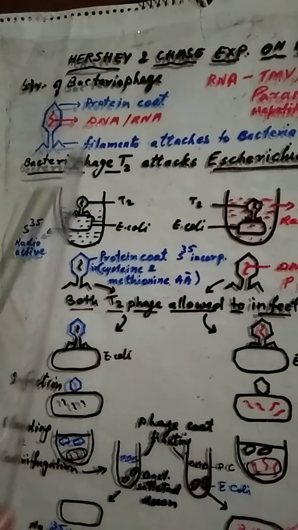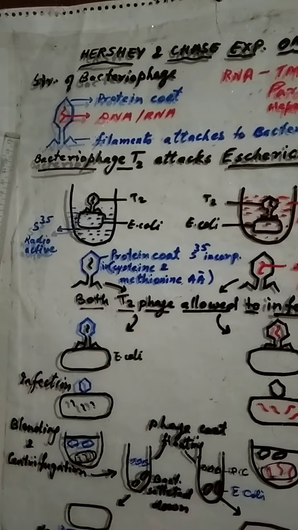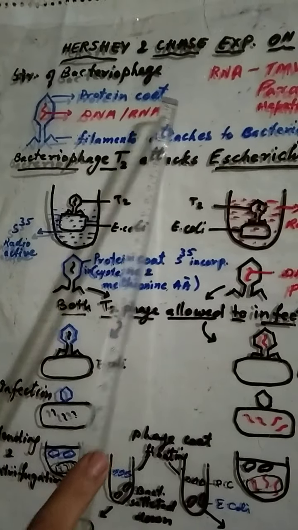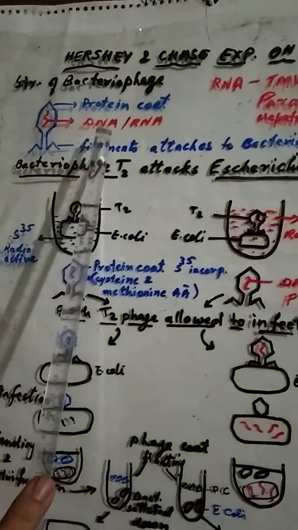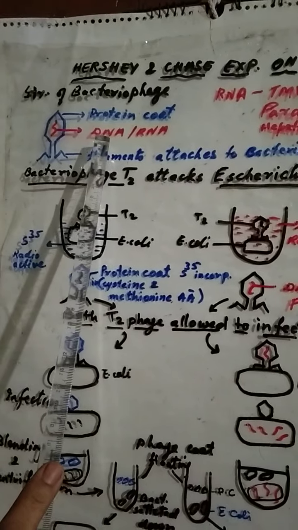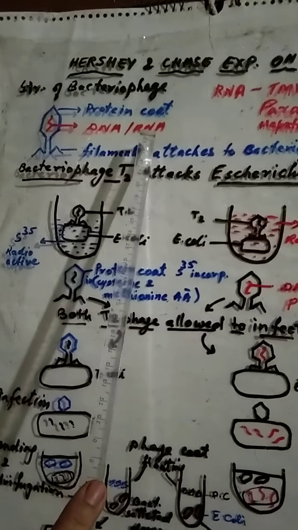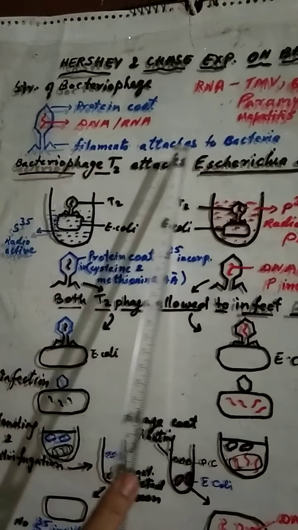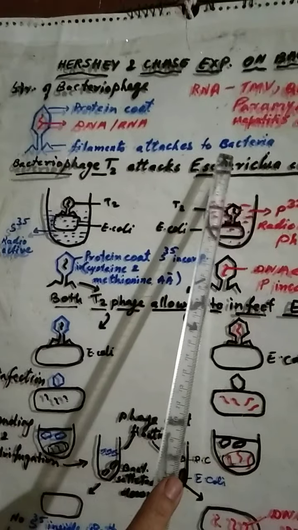This is the structure of a virus shown here. It has a hexagonal head made up of a protein coat which contains inside maybe double helix, that may be DNA, or single strand, then it is RNA. And they have a tail and filaments. These filaments are needed to attach to the bacteria.